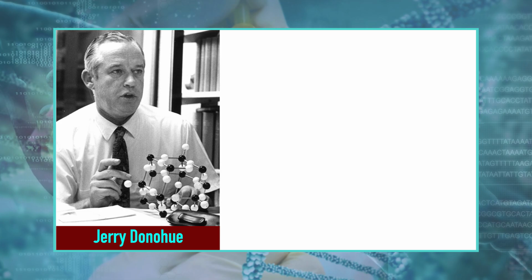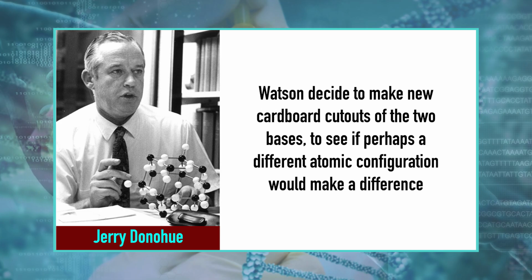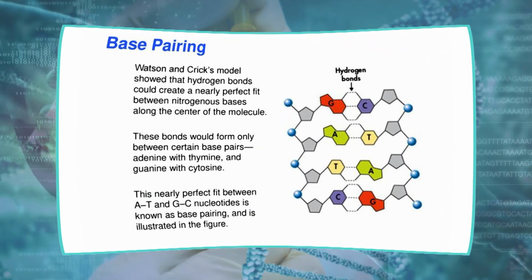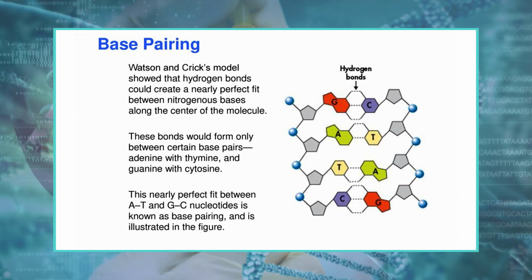Only upon the suggestion of American scientist Jerry Donohue did Watson decide to make new cardboard cutouts of the two bases to see if perhaps a different atomic configuration would make a difference. Not only did the complementary bases now fit together perfectly, that is, adenine with thymine and cytosine with guanine, with each pair held together by hydrogen bonds, but the structure also reflected Chargaff's rule.